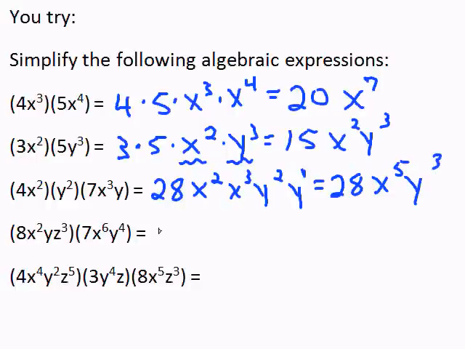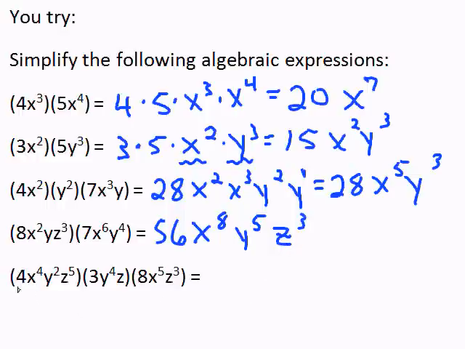Next one, 8 times 7, 56. x squared times x to the 6th gives me x to the 8th. y times y to the 4th gives me y to the 5th. z to the third, no more z's, gives me just z to the third. Notice again I put the dash through the z so it doesn't look like a 2.